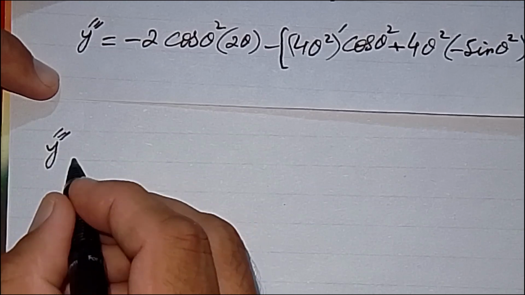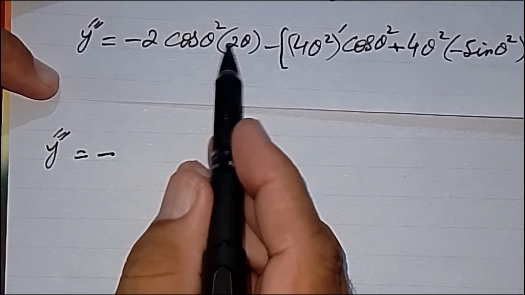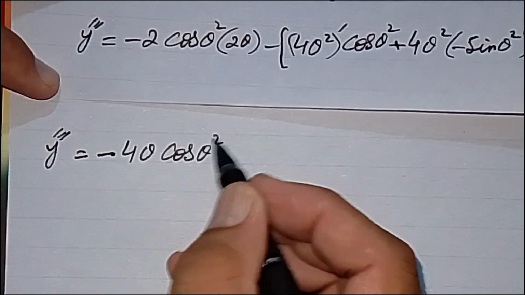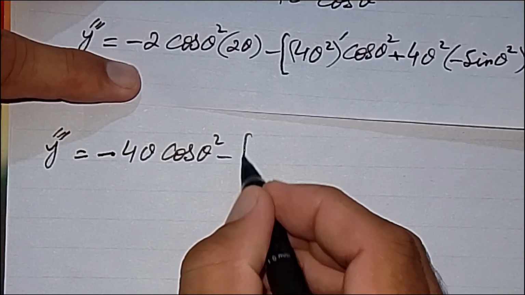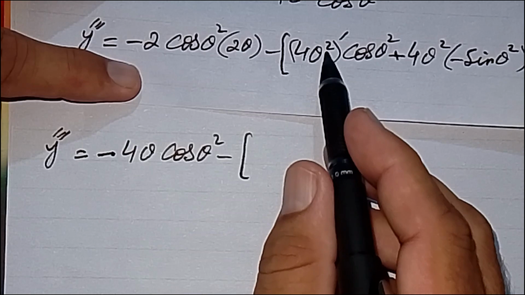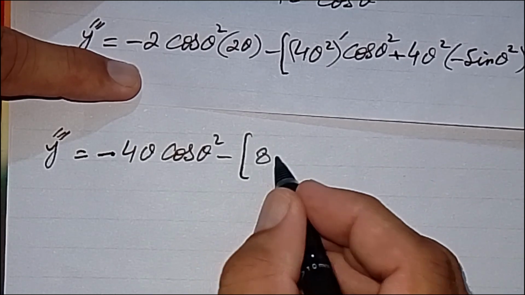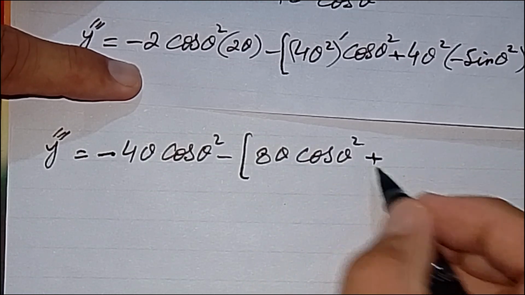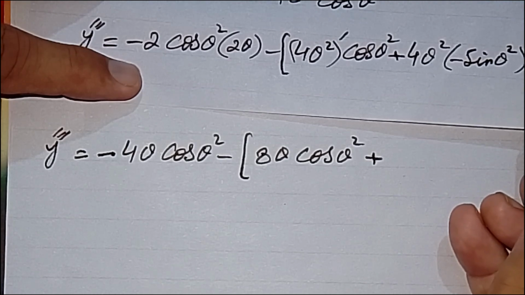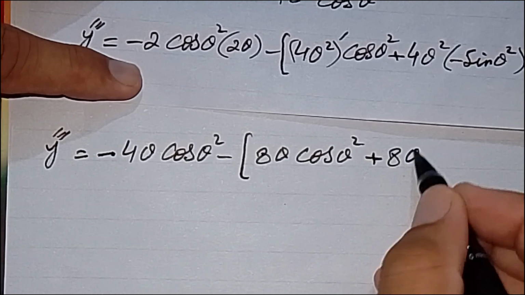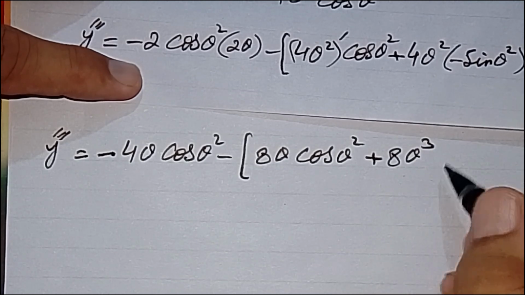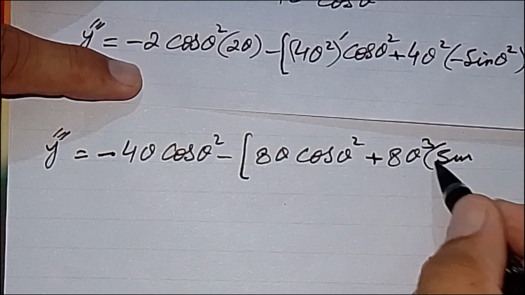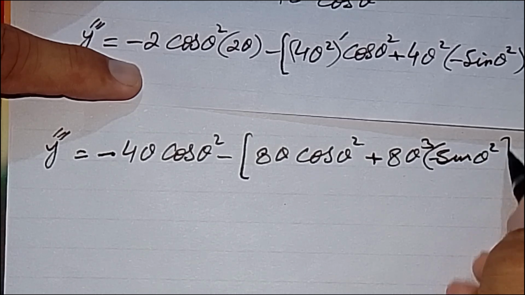the third derivative of y is equal to minus 4 theta cos theta whole square minus 8 theta cos theta square plus 4 into 2 theta cube, theta square into theta cube into minus sine theta square.